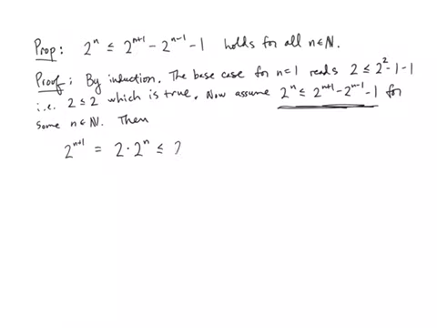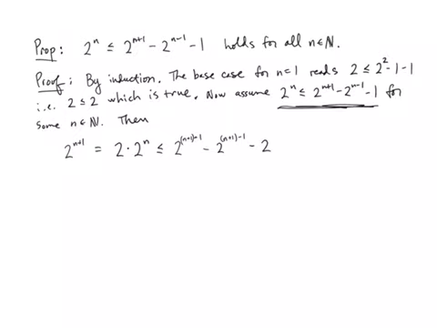We get 2 to the n plus 1 plus 1 minus 2 to the n plus 1 minus 1. So we're just increasing the powers of 2 there, and then minus 2. Okay, this is almost our p sub n plus 1 right-hand side.